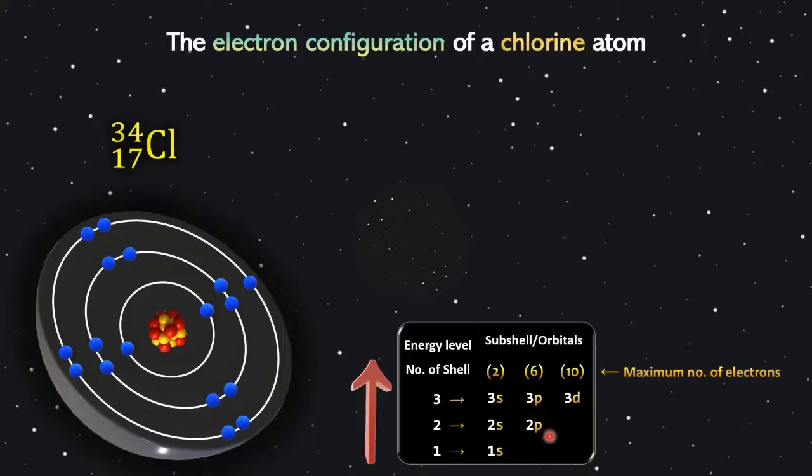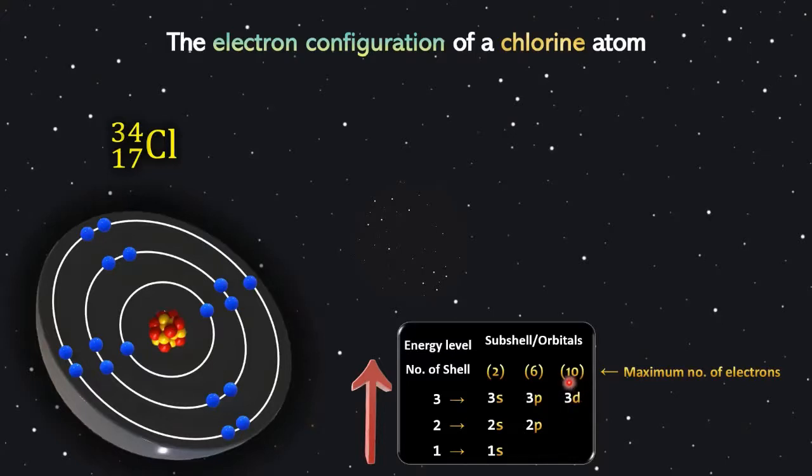On the second layer, we have the S subshell and P subshell, and the maximum number of electrons present in the P subshell is 6. And for the third energy level, we have the S, P, and D subshells. The maximum number of electrons that the D subshell can hold is 10.